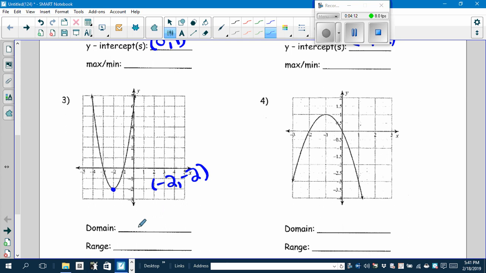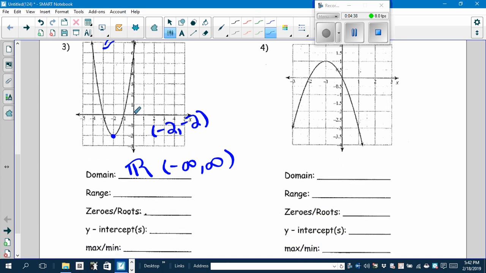All right. Now the domain, remember if it's facing up or down, just like from my last lesson, is all real numbers. So again, all real numbers, or -infinity to +infinity. And your range, remember, it starts at this point and then it keeps going up. So it's greater than or equal to that point, right?